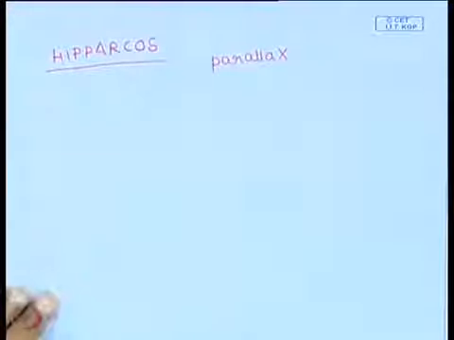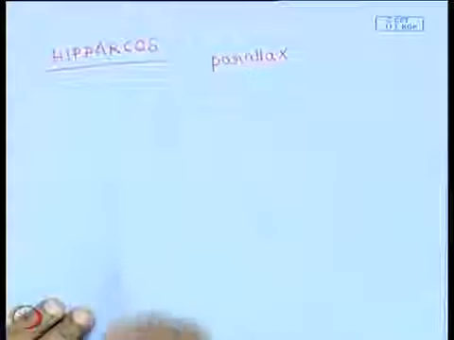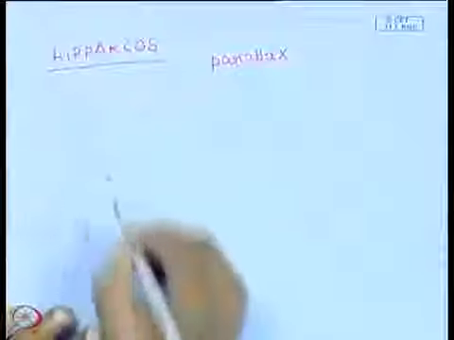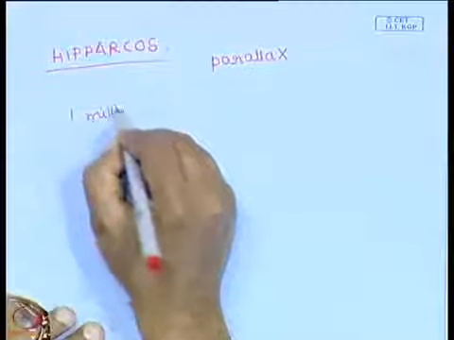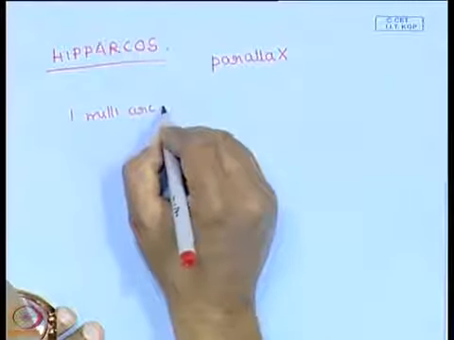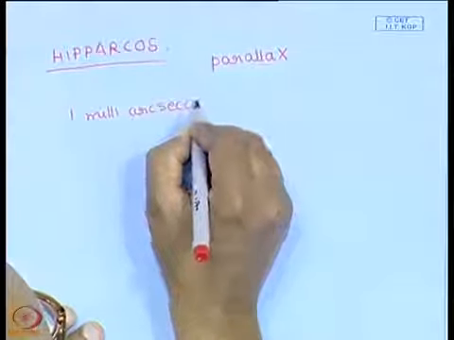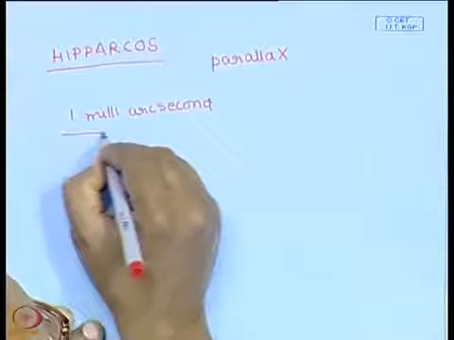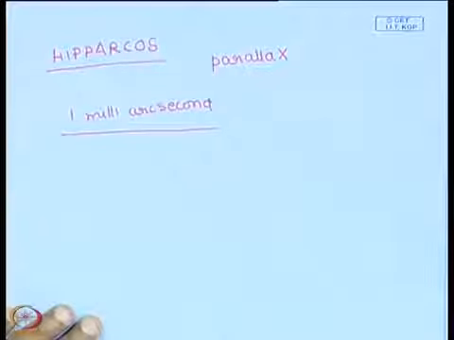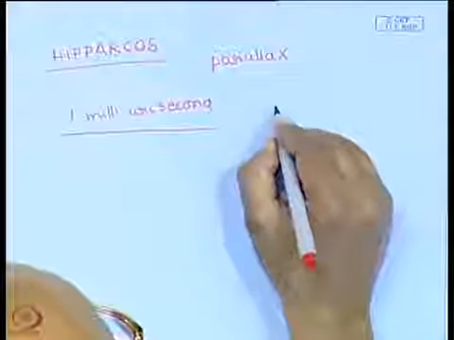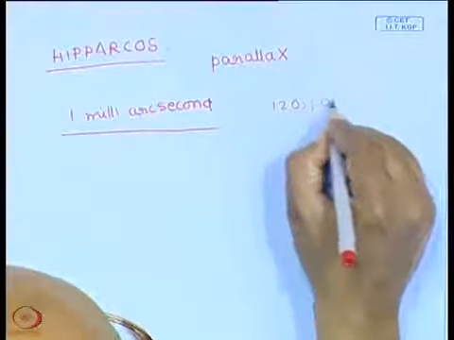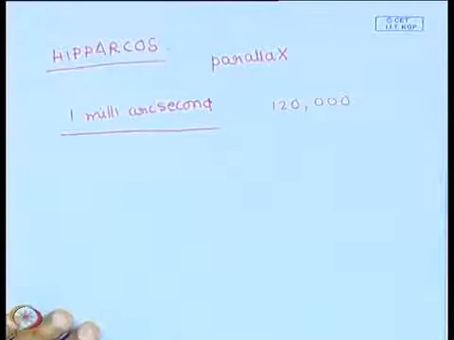Parallax distances to nearby stars, and this satellite has measured parallaxes to an accuracy of 1 milliarc second. Okay, and it has measured parallax distances to around 100,000 stars in the solar neighborhood.